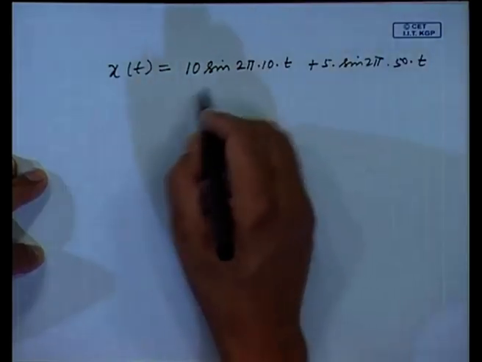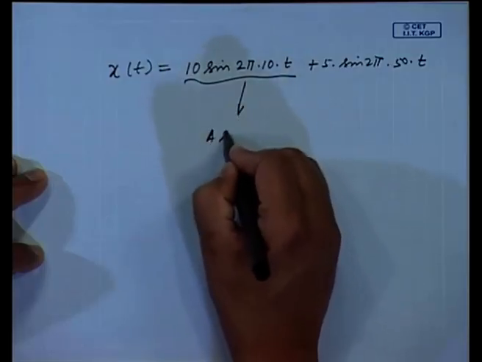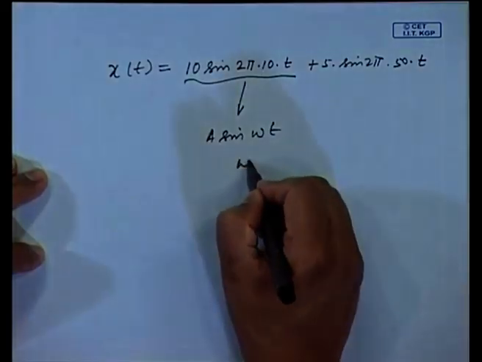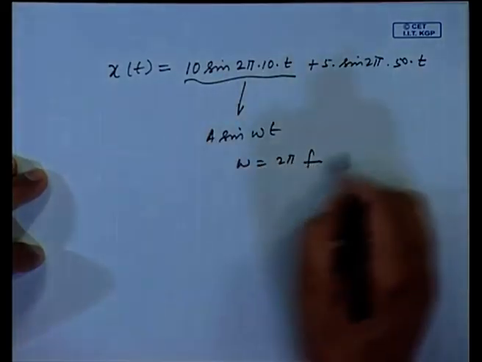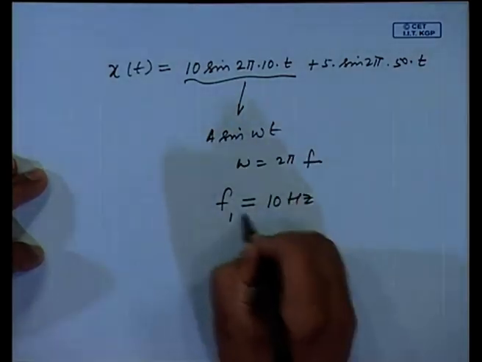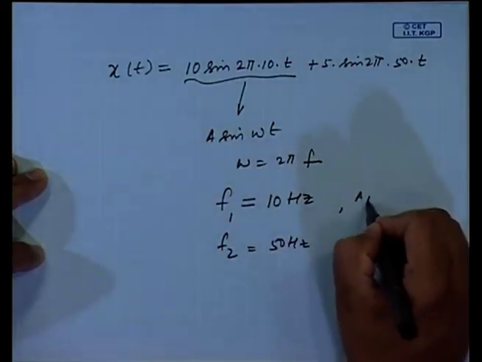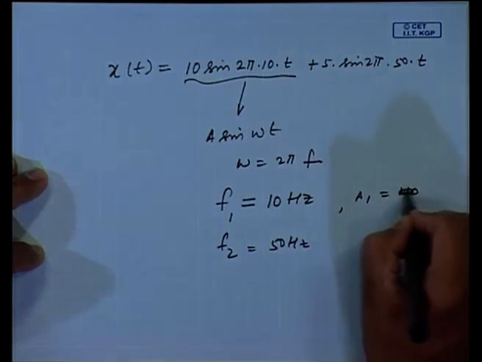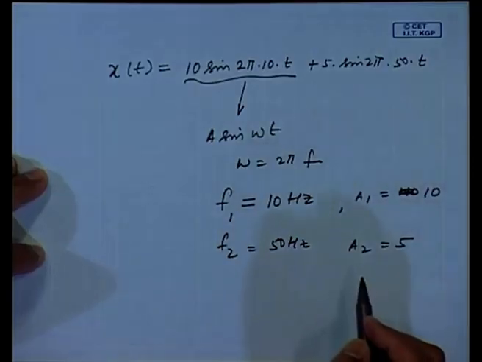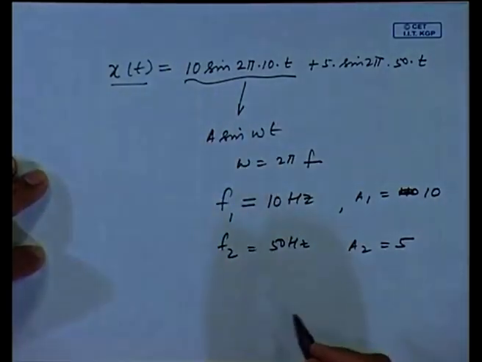Okay. So, if I just replace this as a sin(ωt), ω is equal to 2πf. So, in this problem, in one case f1 is 10 hertz, in the other case f2 is 50 hertz, a1 is 10 and a2 is 5.